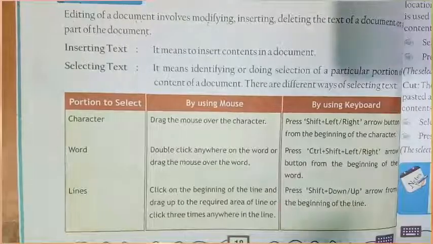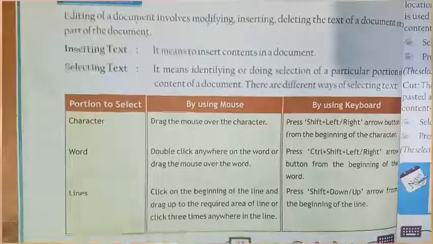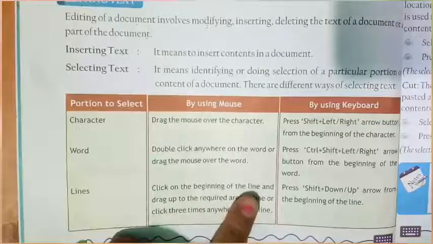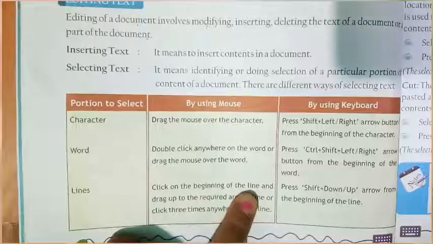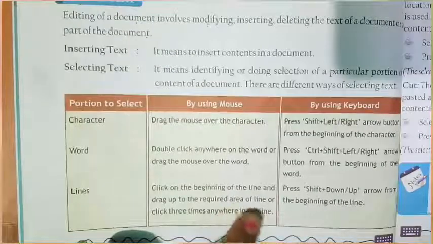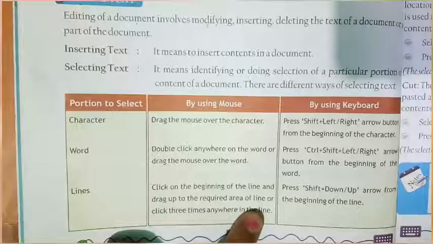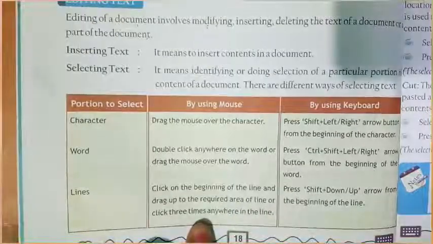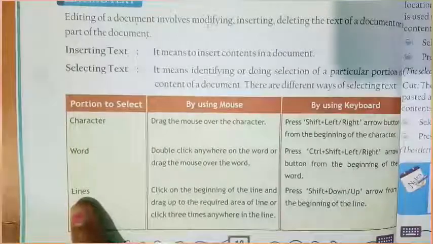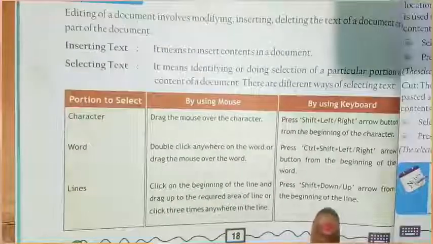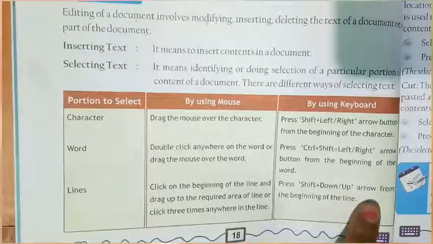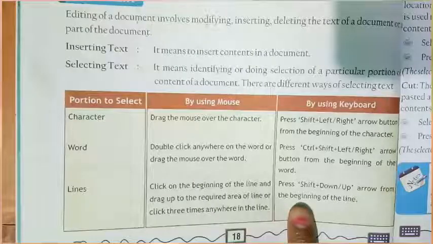If we want to select any portion of a line, then with the help of mouse, first of all we will click at the beginning of the line and then drag the mouse to the required area of the line which we want to select, or else we can click 3 times anywhere in the line to select the line. With the help of keyboard, we should press shift plus down or up arrow button from the beginning of the line.